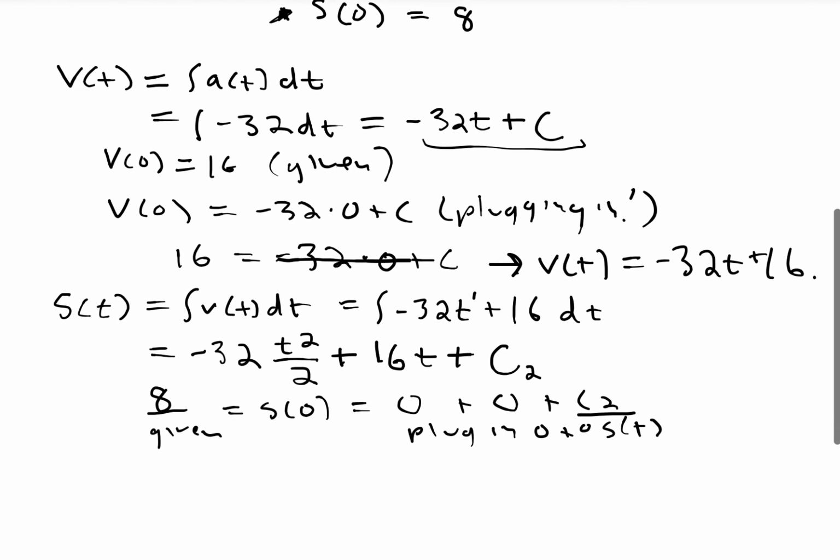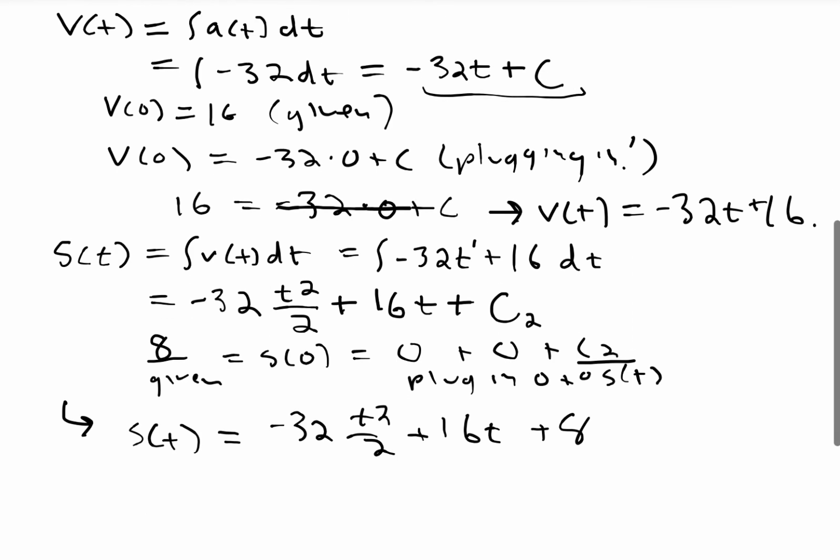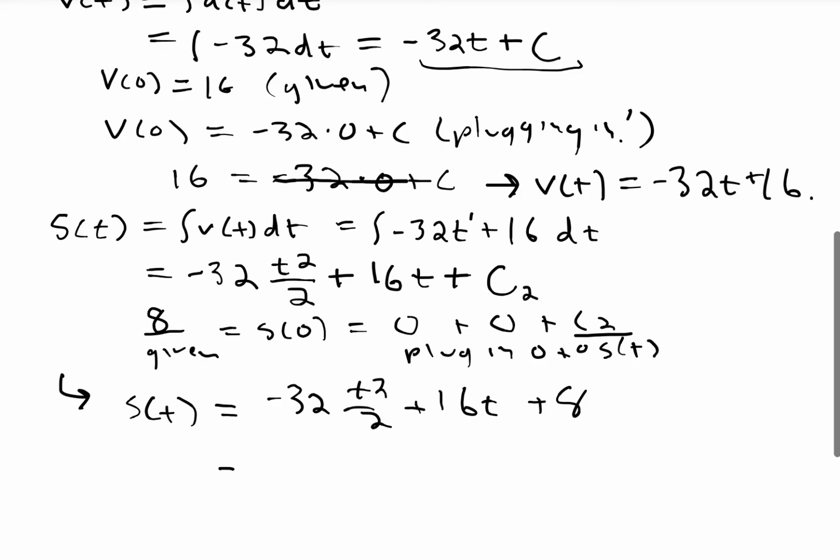If I combine all of this into one big function, we are getting that s of t is equal to minus 32 times t squared over 2 plus 16t plus my c2, which we just said was 8. If you do not like this in unsimplified form, an acceptable alternative would be minus 16, because that's 32 over 2, minus 16t squared plus 16t plus 8.